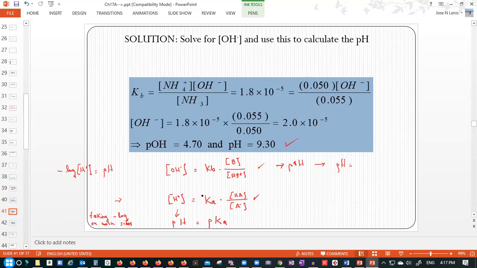This is a product. When you take the negative log of a product, it is going to be the negative log of the first term plus the negative log of the second term.